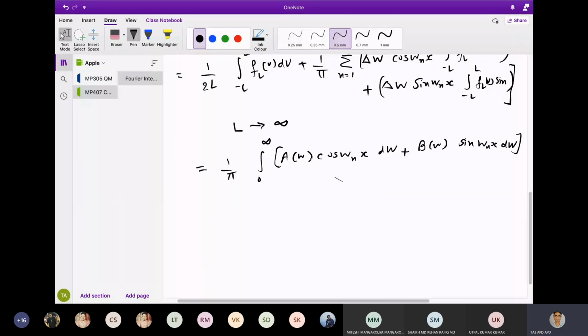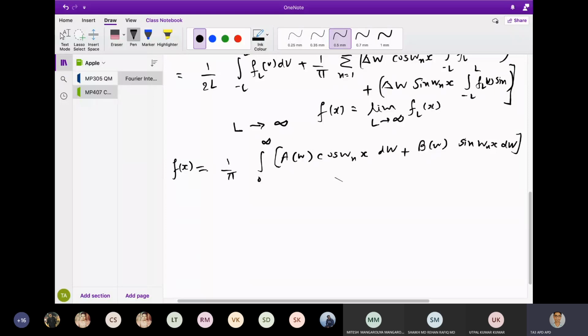So now this is your f of x, because f(x) is defined as the limit L tends to infinity of f_L.